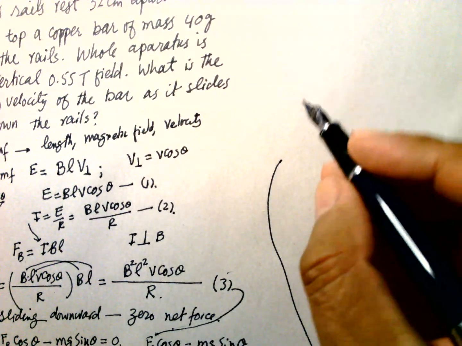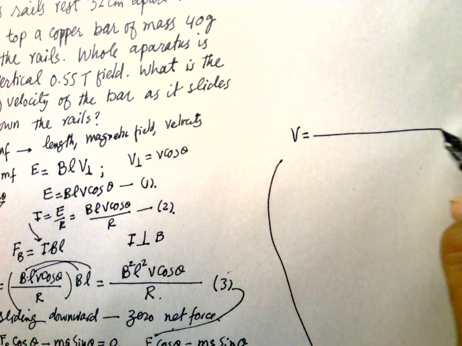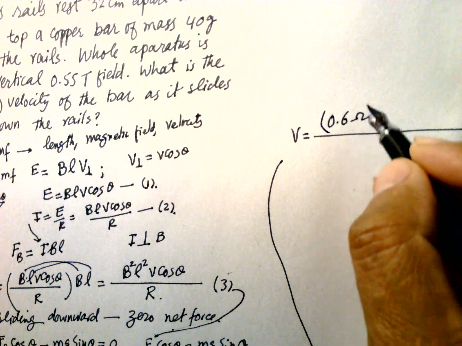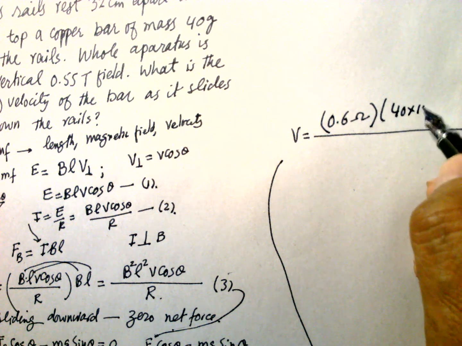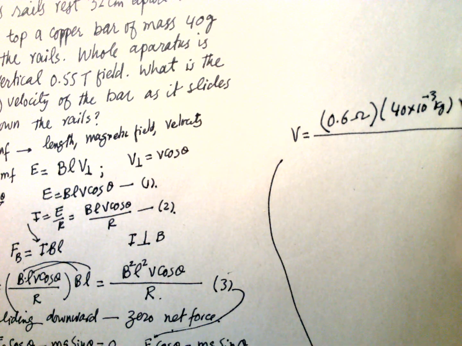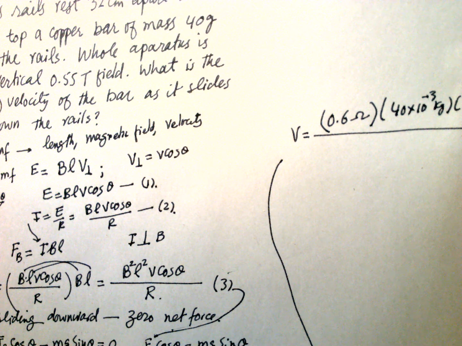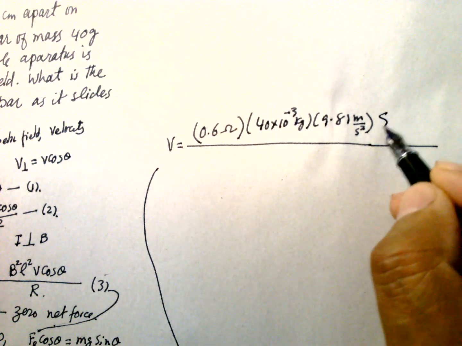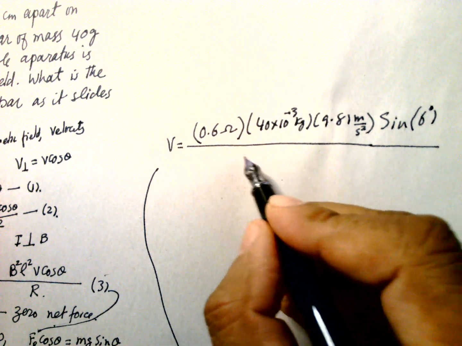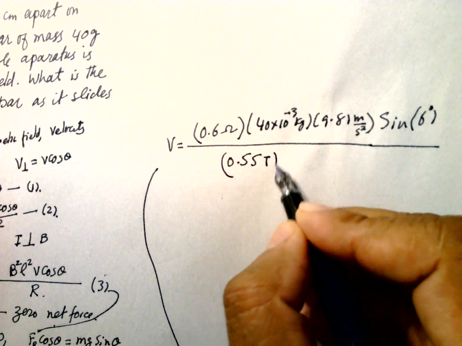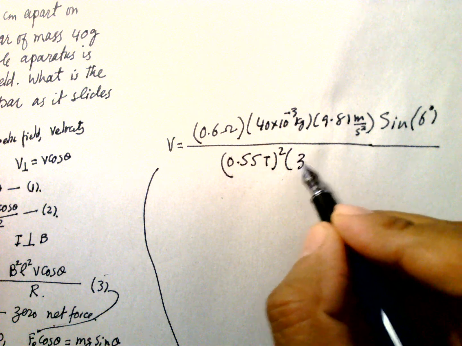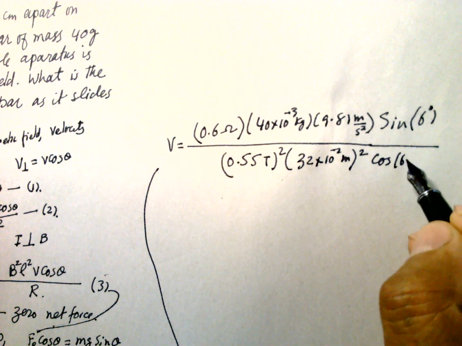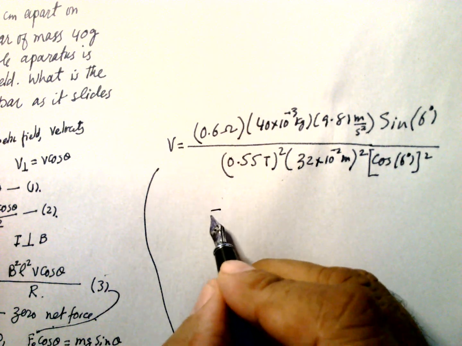R value is equal to 0.6 ohm, m is 40 gram, 10 power minus 3 kg, g is 9.81 meter per second square, sine of 6 degrees, divided by B 0.55 Tesla whole square, L is 32 centimeter, 10 power minus 2 meter square, into cos of 6 degree whole square.